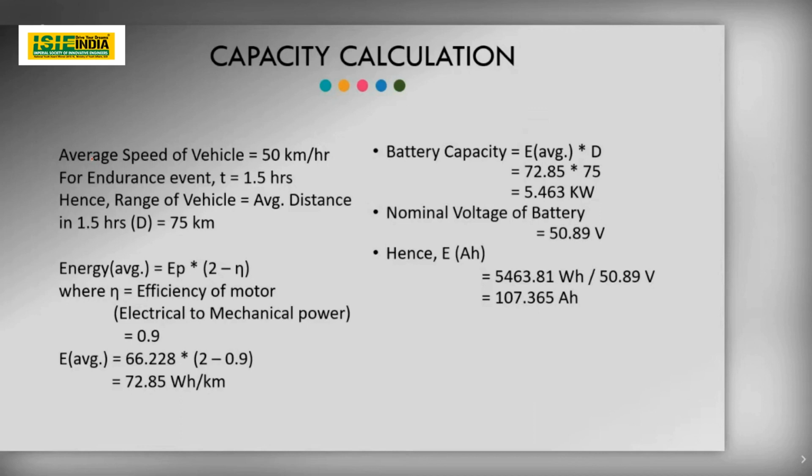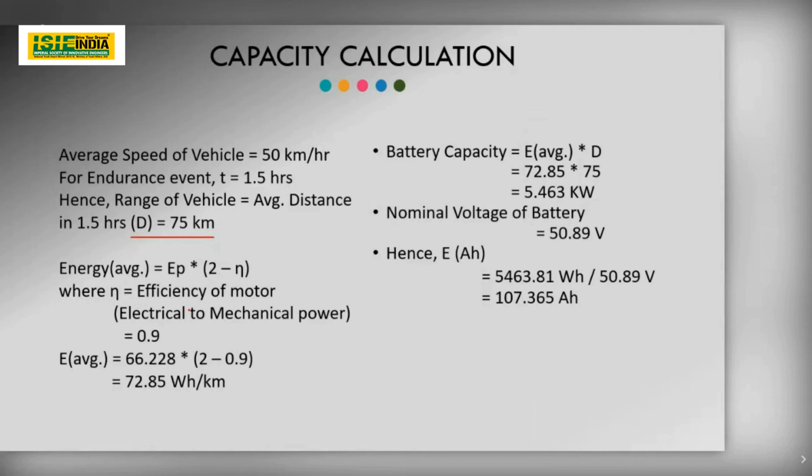So we have EP, that is energy per kilometer, and now we have the range of the vehicle, that is 75 kilometers. The next term is average energy. Average energy is equal to EP, which is energy per kilometer, into 2 minus eta, where eta is the efficiency of the motor. The efficiency of the motor is the electrical to mechanical power conversion rate.